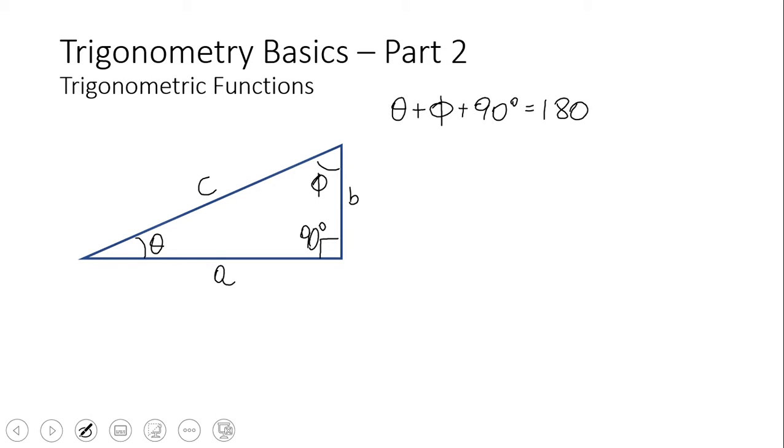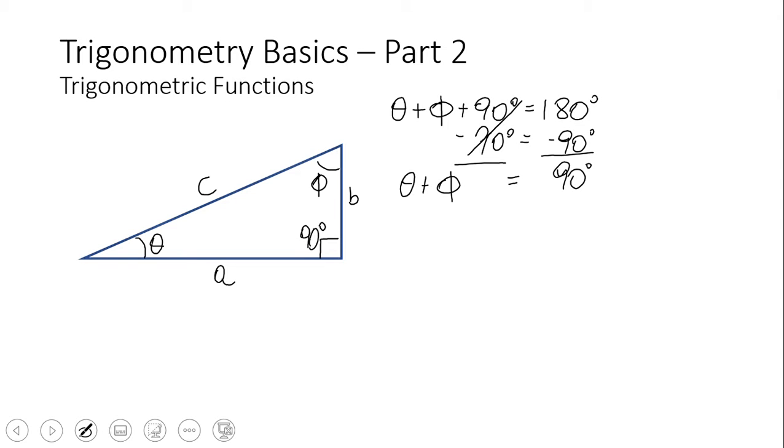And then by subtracting 90 degrees from both sides, this tells us right away that the sum of the two angles, which we called theta and phi, has to be equal to 90. This is also useful in itself because if we know one of the two angles, we automatically know what the other angle should be.